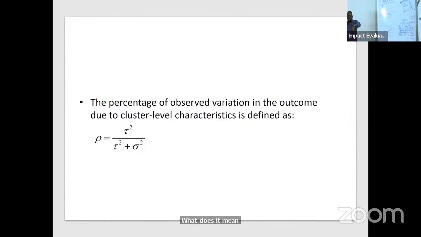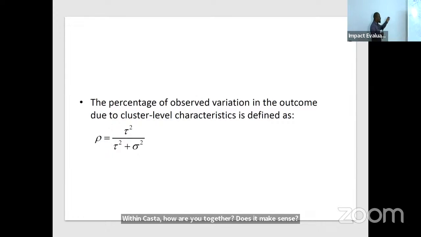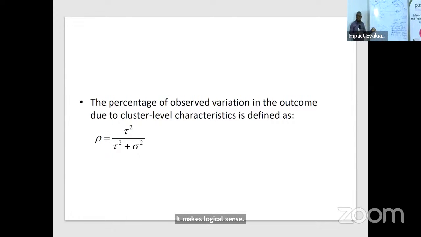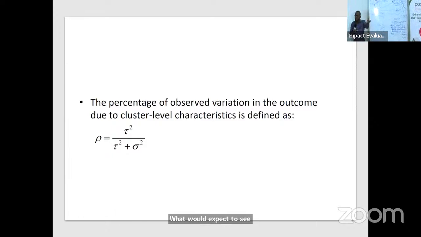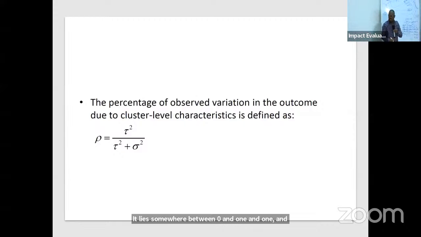Within cluster, are we together? Does it make sense? It makes logical sense. What we would expect to see here is intra-cluster correlation that lies somewhere between, it's not 0 and it's not 1. It lies somewhere between 0 and 1.